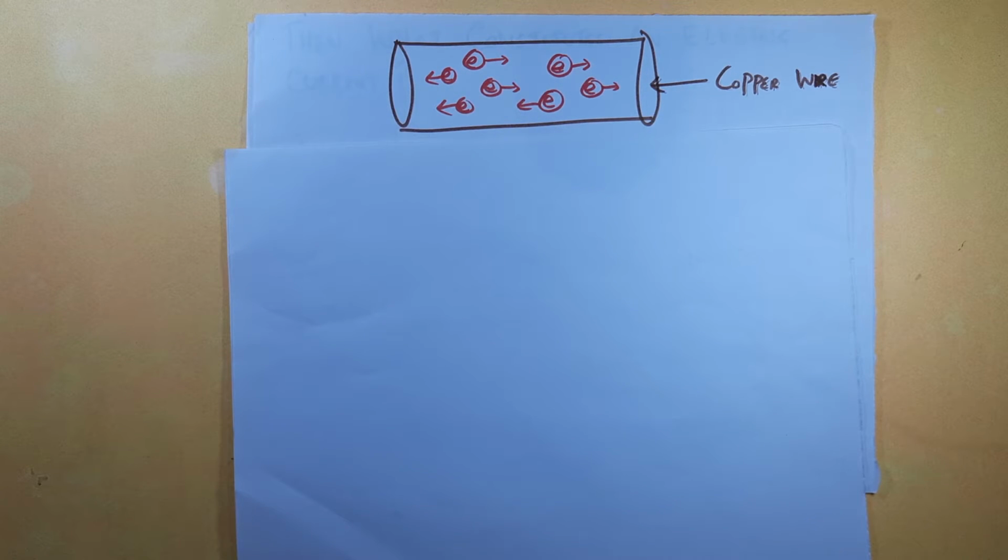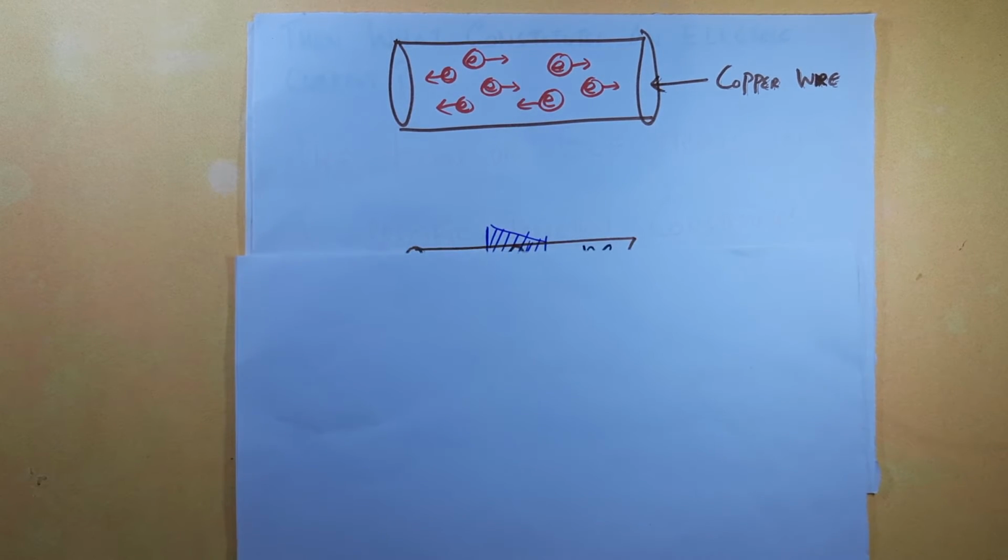So we can say the flow of charges may constitute an electric current, but one problem here is the number of electrons crossing a section of the conductor to the left is equal to the number of electrons crossing that section to the right, and hence the net current in the conductor is 0.